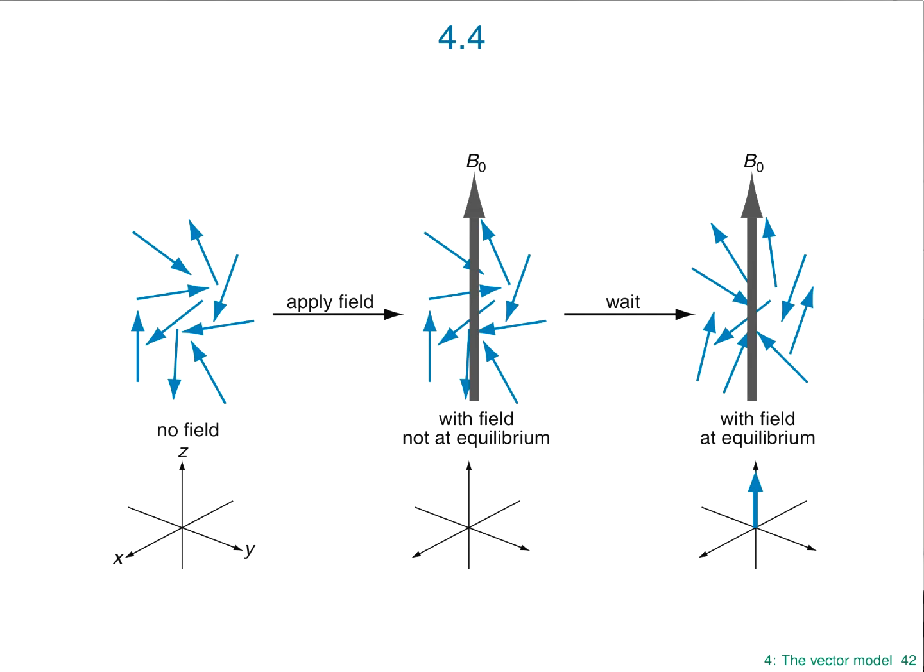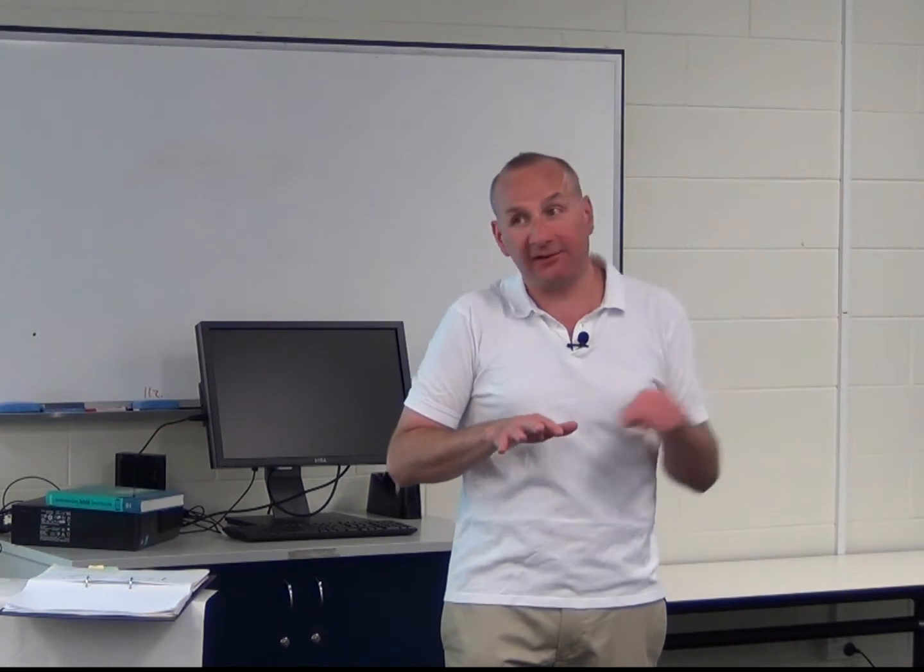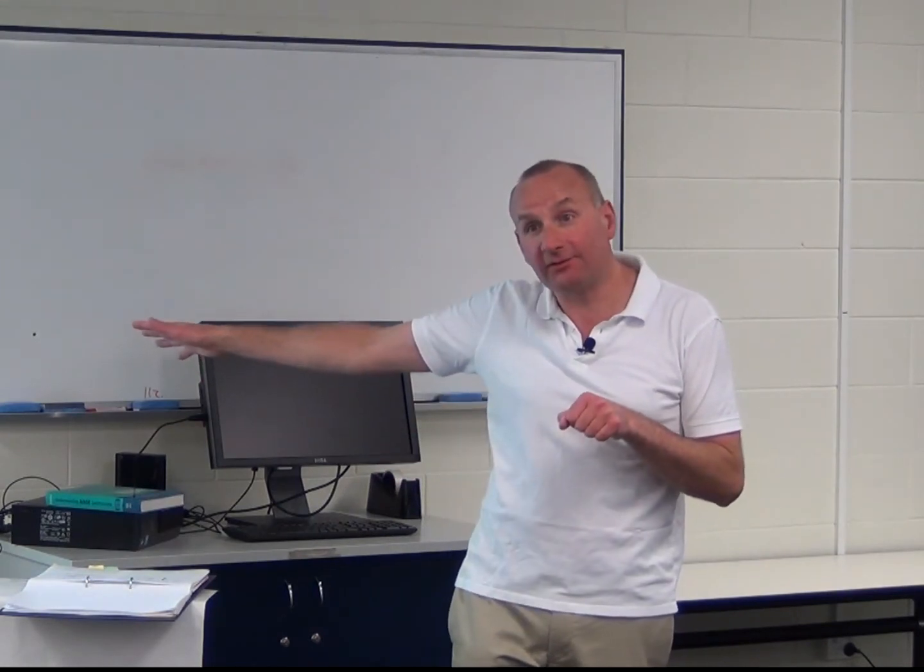The question is, why is there no X or Y component? I've shown it as being aligned along plus Z, but these spins could be aligned in any direction, so each individual spin has an X and a Y component. The reason that there's no x or y component is that there's no energetic preference for pointing in plus x over minus x. There is an energetic preference in plus z over minus z, but not in x or y.